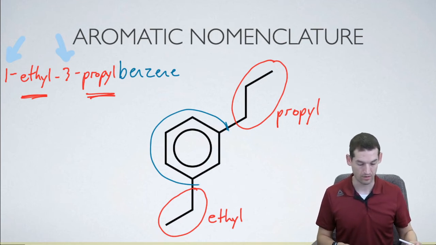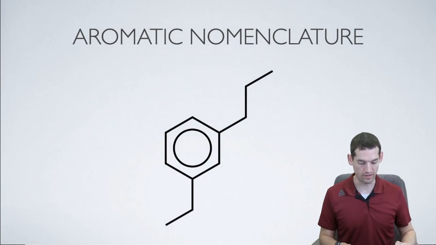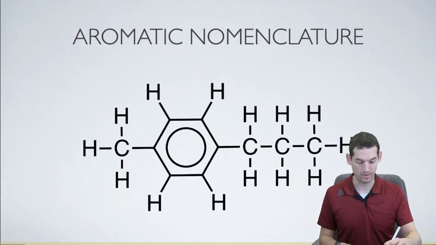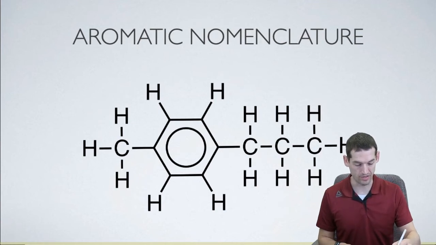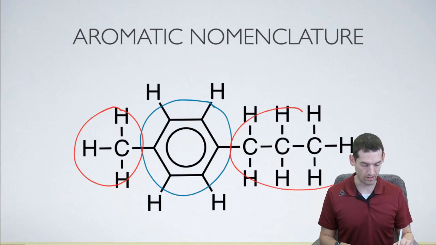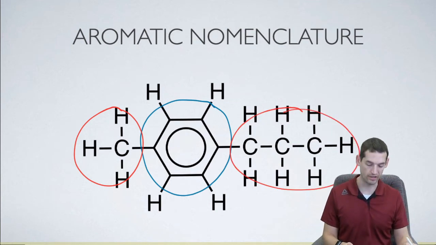Okay, let's move on to another example. So here I'm still using my benzene parent. So this is all parent, which means I have a methyl branch here and I have a propyl branch over here.